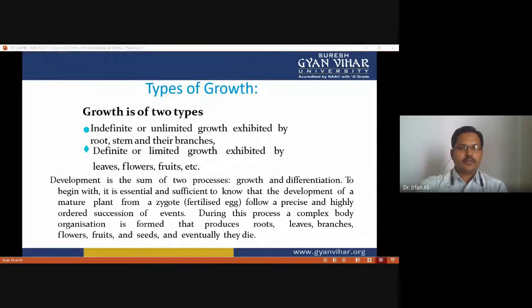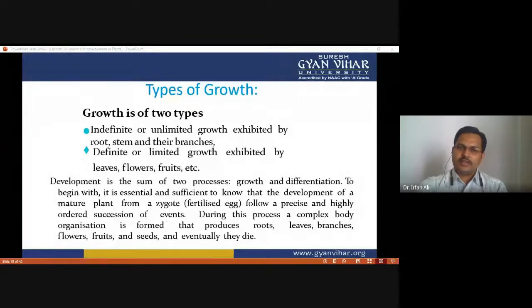So growth is of two basic types: the indefinite or unlimited growth, and definite or limited growth. The plant root, stem, and their branches show indefinite or unlimited growth. Okay, and the leaves, flowers, fruits show definite or limited growth.